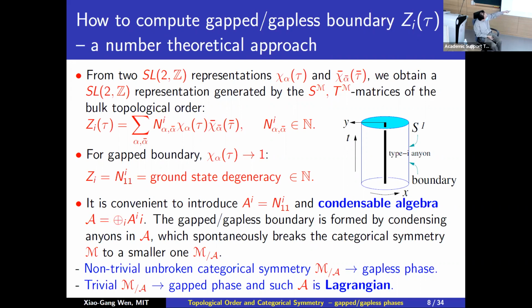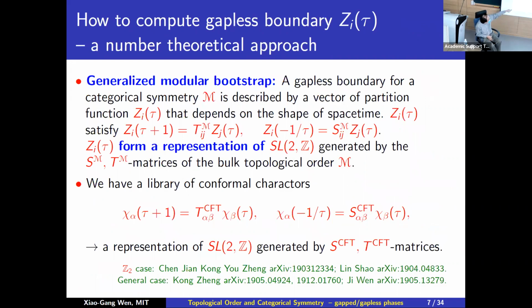And then we put in some inner triangle, some coefficient, to reduce this SL2 representation of conformal field theory into the proper one, because we need a particular SL2 representation described by TM and SM. But what we have is a tensor product of the T and S of the CFT, a tensor product of two of these.